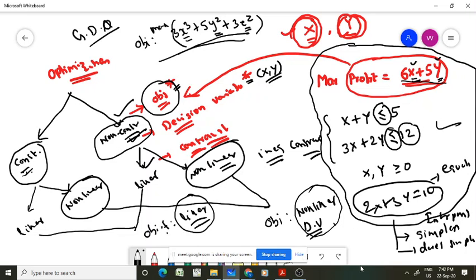I hope you understand the complete introduction about optimization problems and optimization techniques. Now we are going to move completely towards non-linear optimization and how we are able to solve it using the gradient descent algorithm.